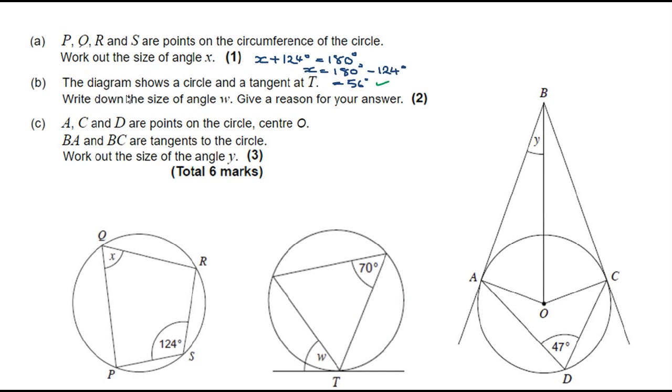So it says the diagram shows a circle and a tangent at T. So here's a circle and here's the tangent at T. And it says write down, not work out, but write down the size of angle W. So this angle here, and give a reason for your answer. Well, you should be able to recognize here the alternate segment theorem.